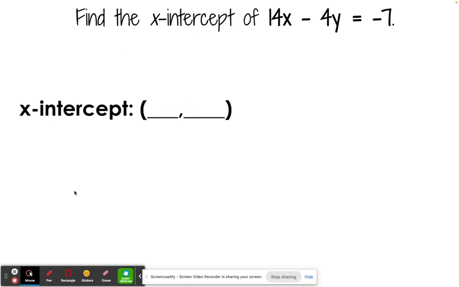Let's find the x-intercept for this one. For x-intercept, I make my y 0. My minus 4y goes away, and I'm just left with 14x equals negative 7. Well, I would divide both sides by 14.